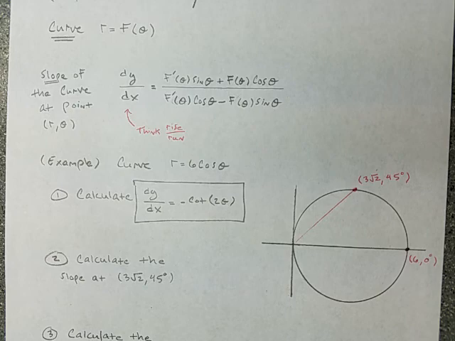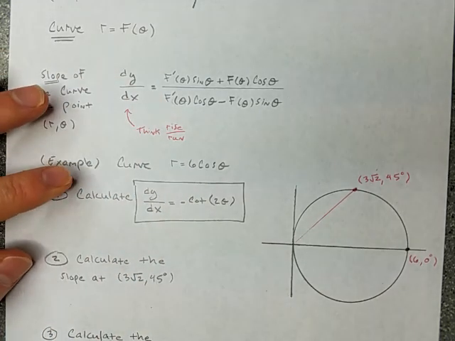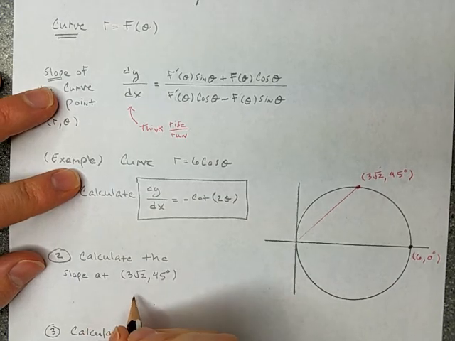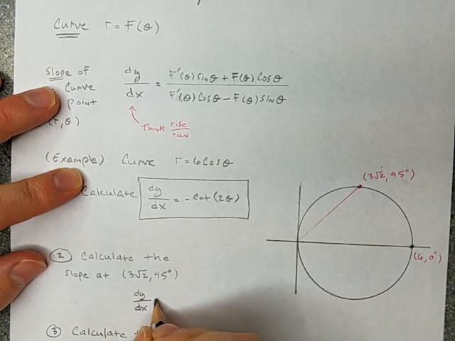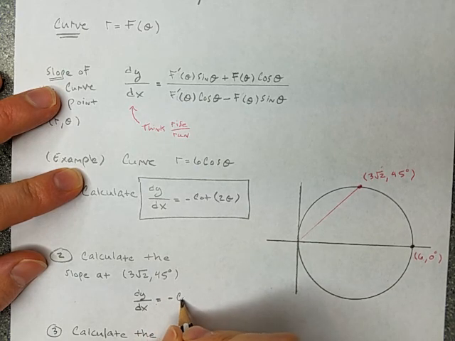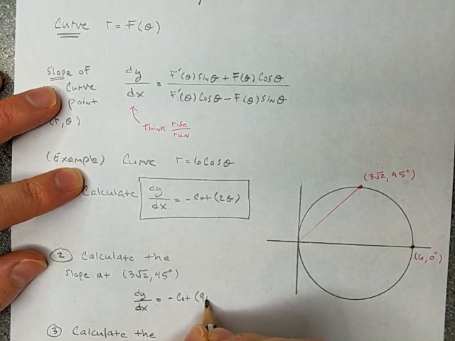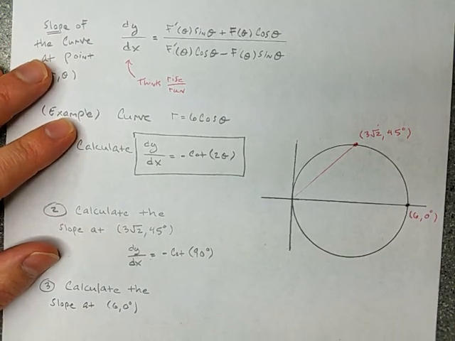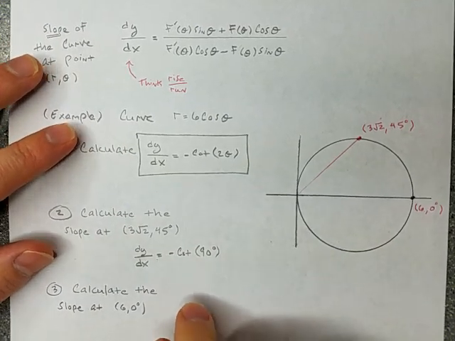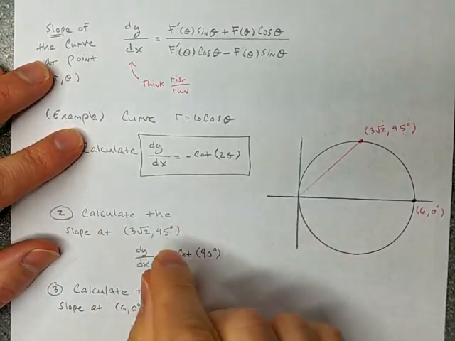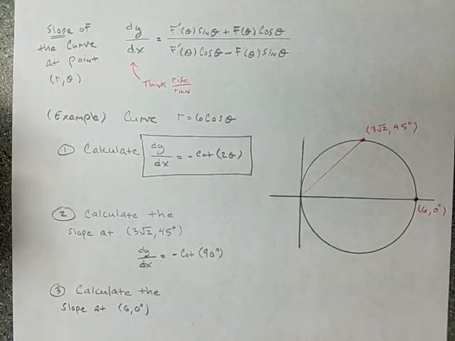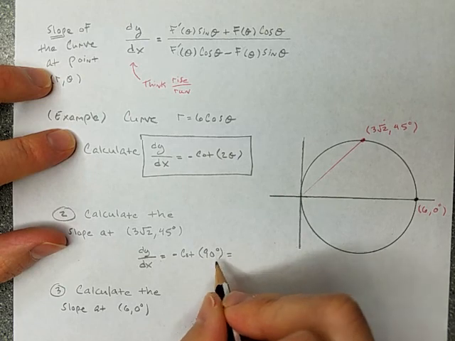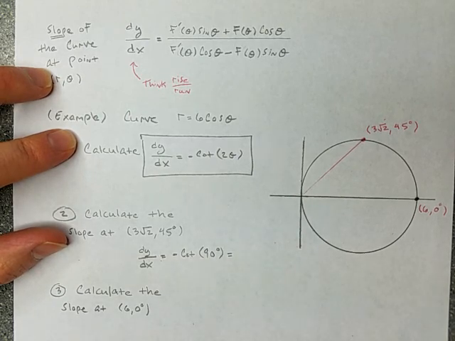So anyway, let's see, cotangent. Let's do it like this. dy over dx is negative cotangent 90. We have to put the theta in. Theta for the point is 45 degrees, double it, I get 90. And sure enough, cotangent of 90 degrees is 0.